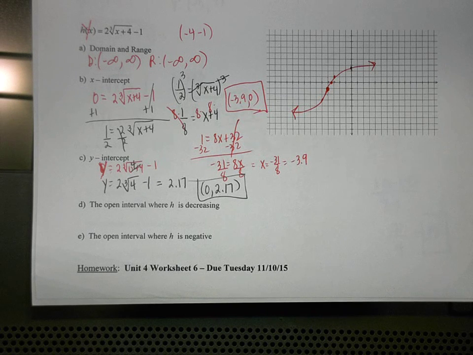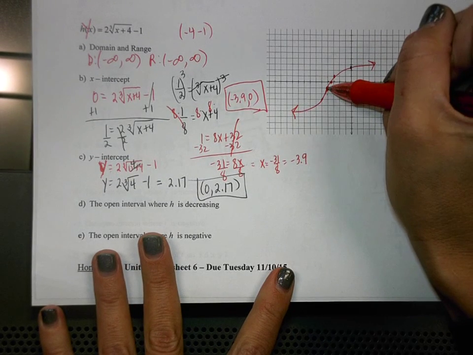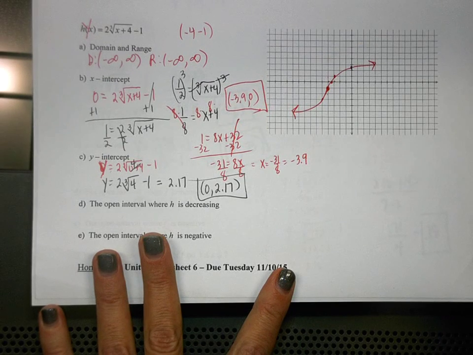Okay, the open interval where h is decreasing. So where is the graph decreasing? When does it start going down instead of up? Yeah, so if you look at this point, it goes increasing, and then from here going backwards, it's decreasing. Do you guys see that? And so how would I write that interval?